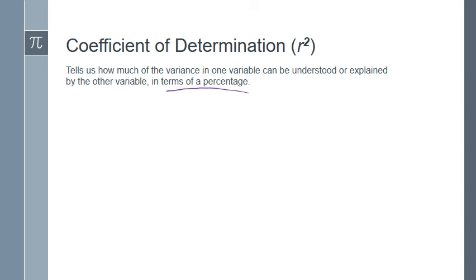So the coefficient of determination is kind of like an effect size. So your R might be something like 0.25. Your coefficient of determination is just going to be 0.25 squared because it's basically R squared. And that will give you a percentage of how much the variable x explains the variance in the variable y.